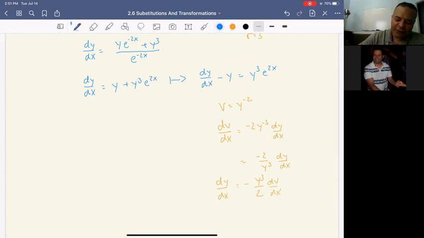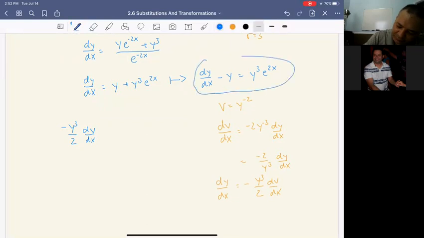So we're going to put this into that little formula. We have negative y to the third over 2 dv/dx minus y equals y to the third e to the 2x.